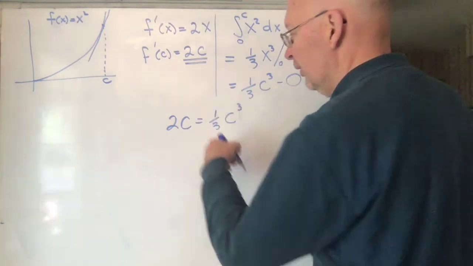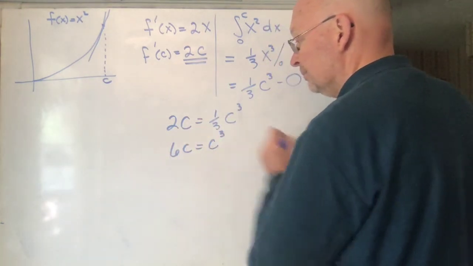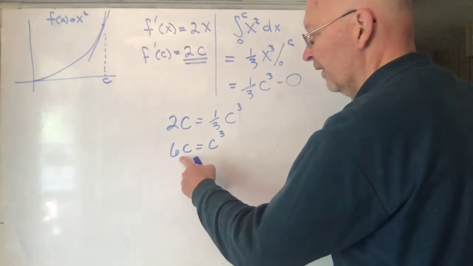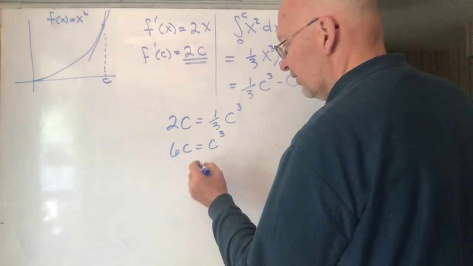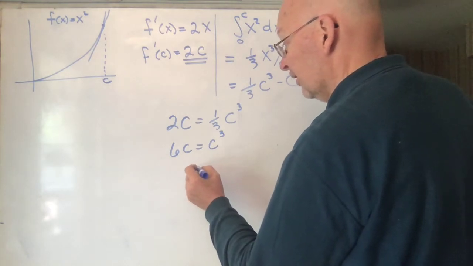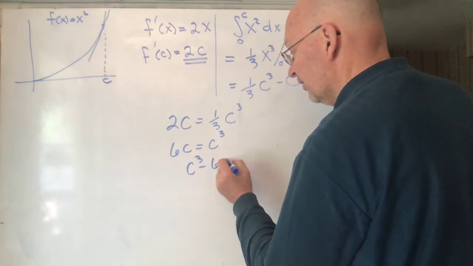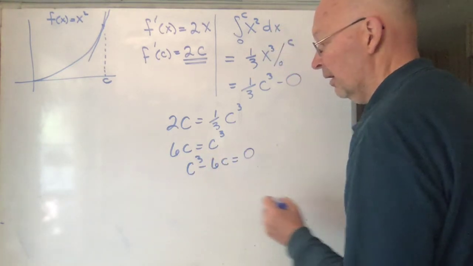Let's multiply by 3 to get rid of the fraction. Bring the 6c over, and you're going to get c cubed minus 6c is equal to 0.